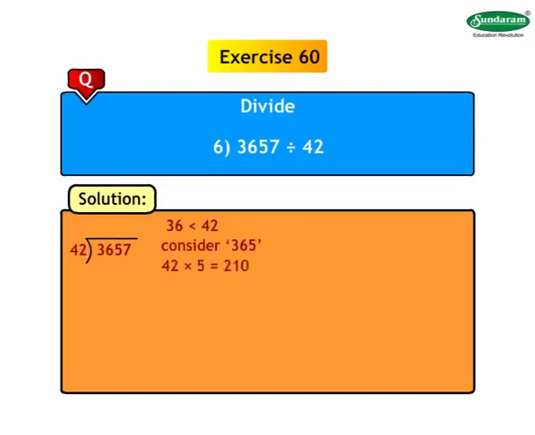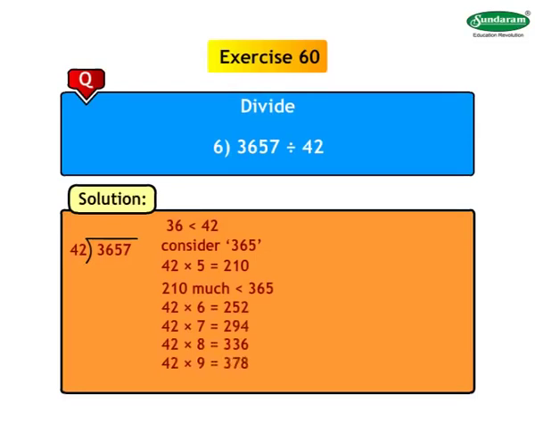We have to multiply 42 by a greater number than 5 because 210 is much less than 365. Let us try 42 into 6 is equal to 252. 42 into 7 is equal to 294. 42 into 8 is equal to 336. 42 into 9 is equal to 378.